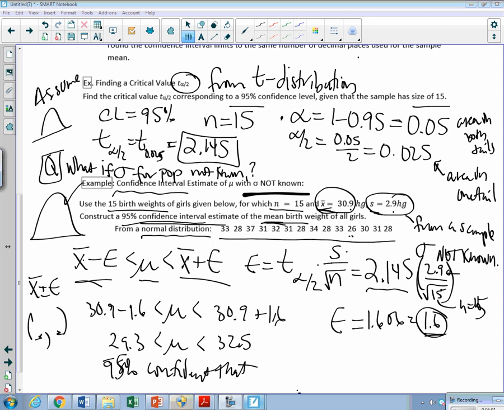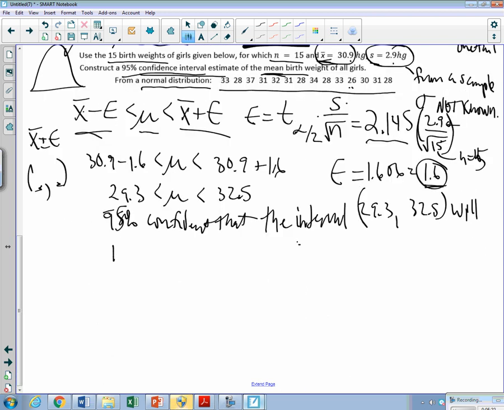So we're 95% confident that the interval of 29.3 up to 32.5 will either, we could say, capture or contain the population mean. We could also say that we would expect that our interval will capture the population mean 95% of the time.